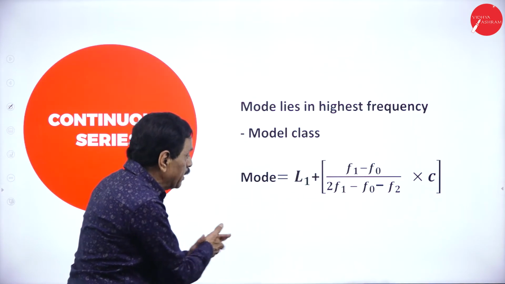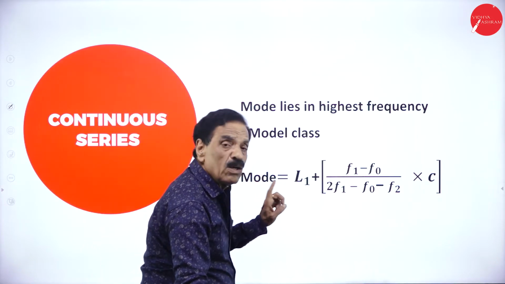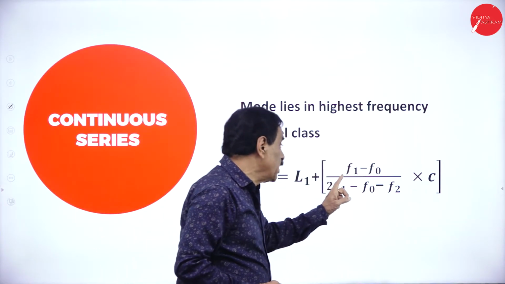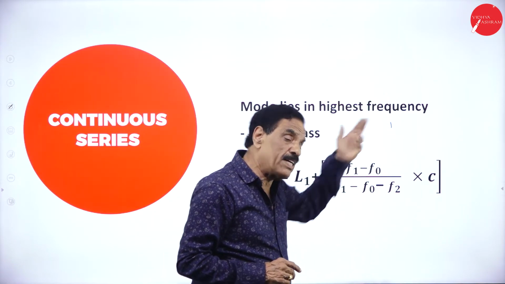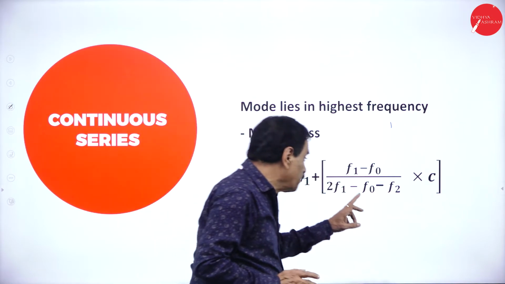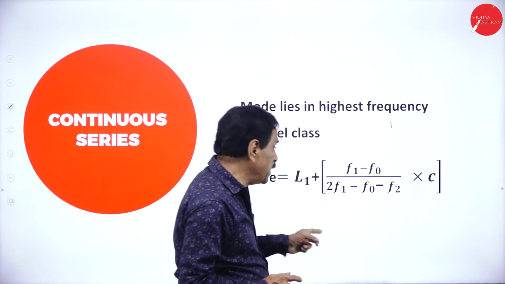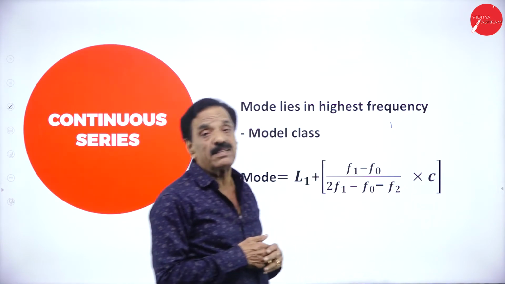What is this formula? Mode for continuous series. L1 is called lower limit, F1 is highest frequency, F0 is behind frequency, F2 is forward frequency, C is class interval.